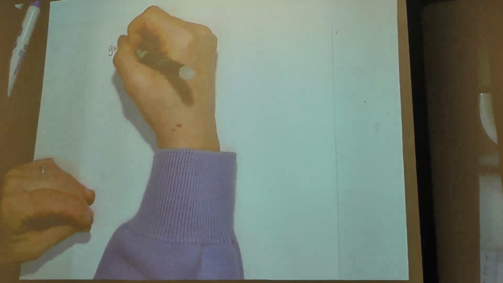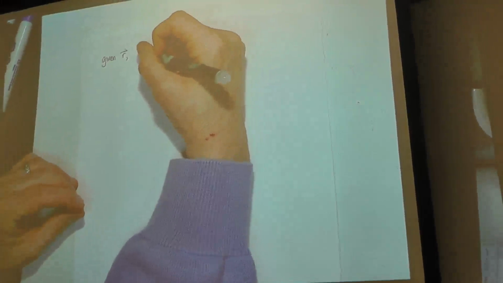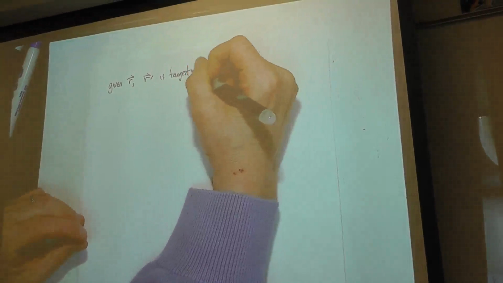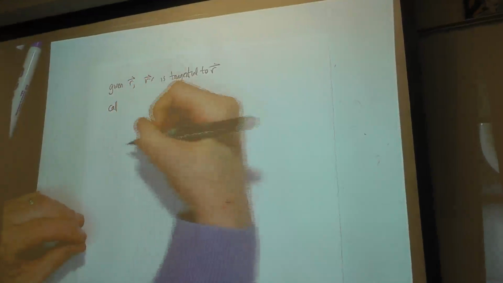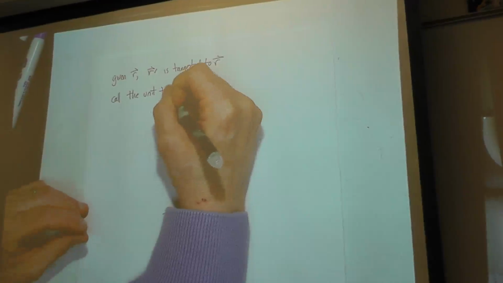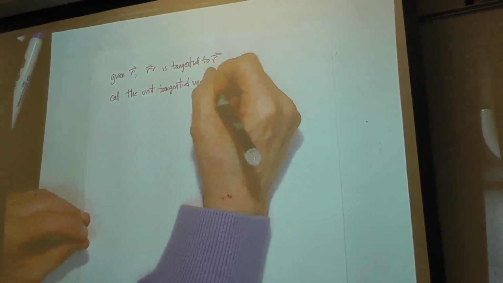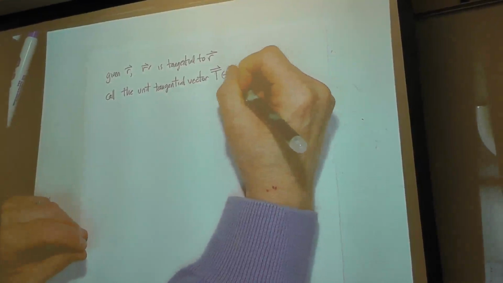So, given R, R prime is tangential to R. We call the unit tangential vector T to be the following.